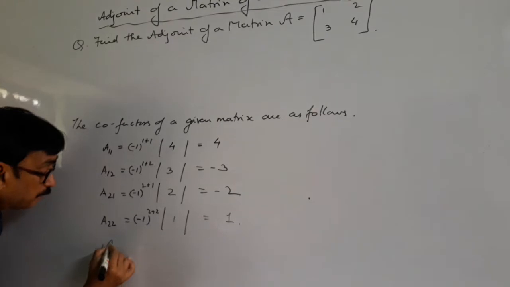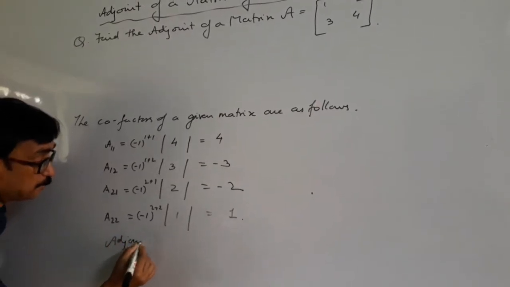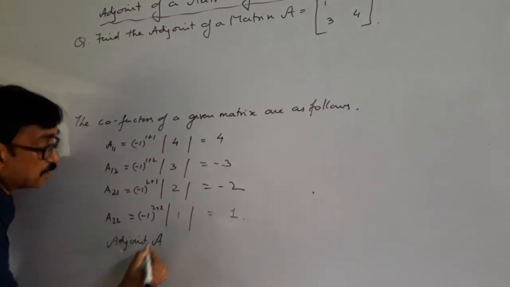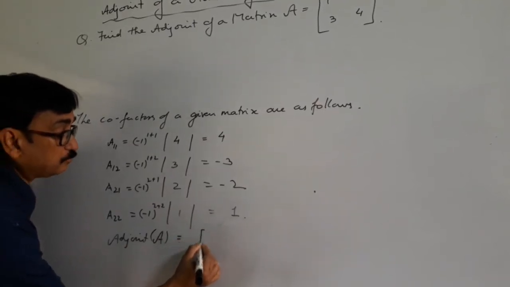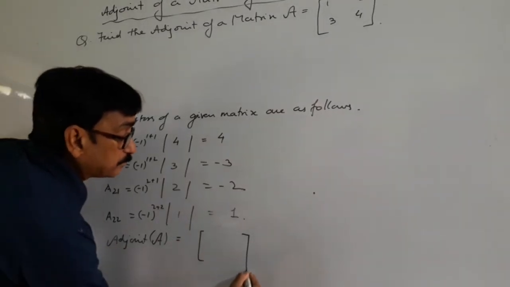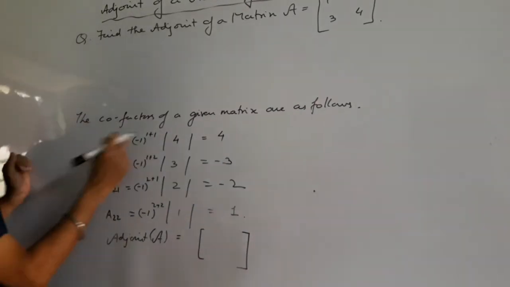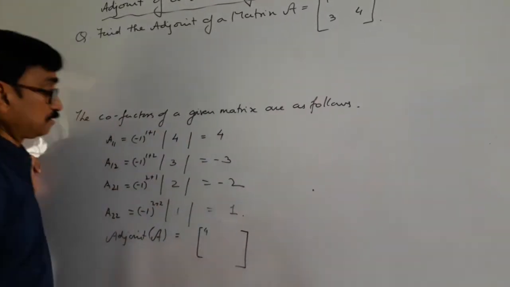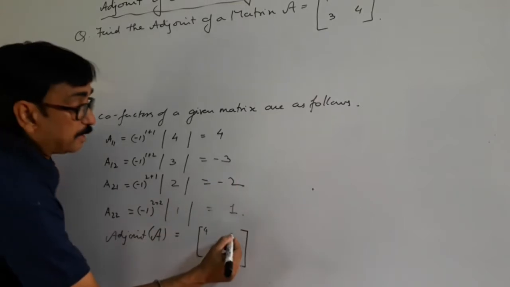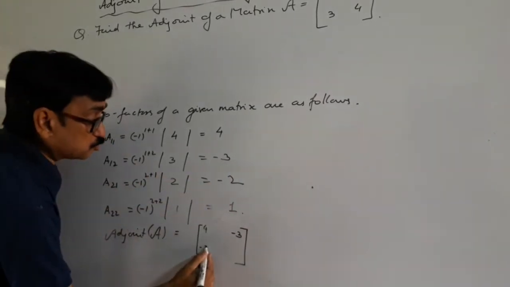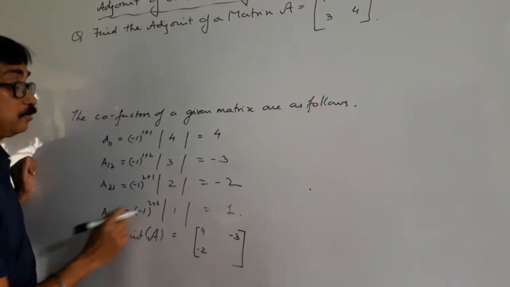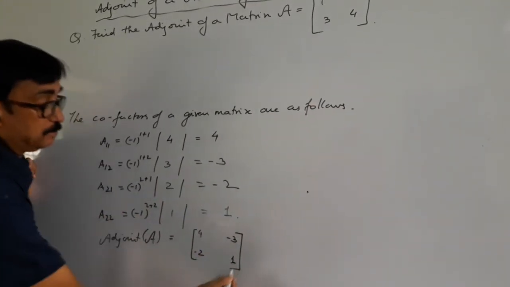Now I have to calculate the adjoint of A. Adjoint of A means that now A11 is 4, A12 is minus 3, A21 is minus 2, and A22 is 1.